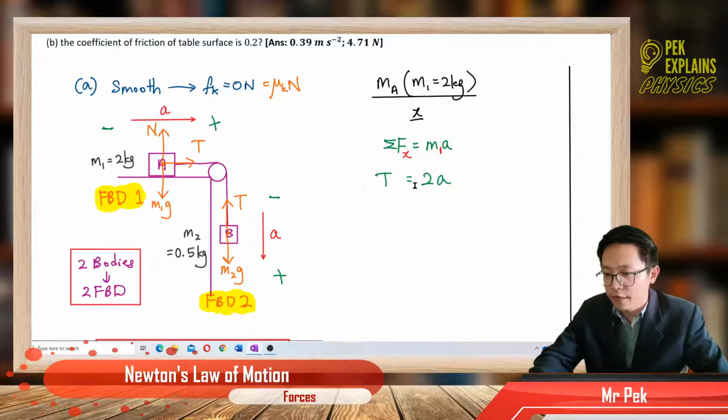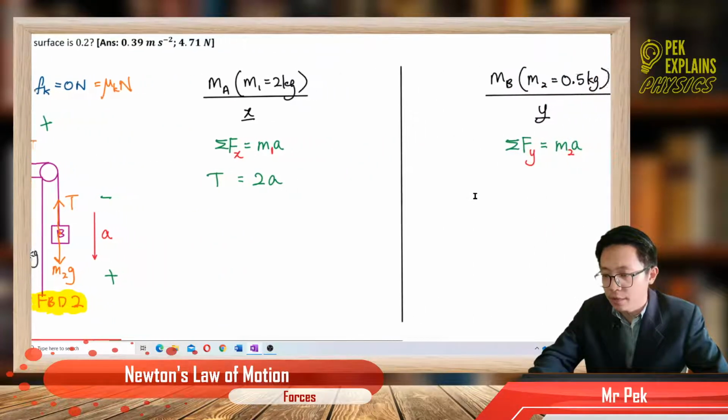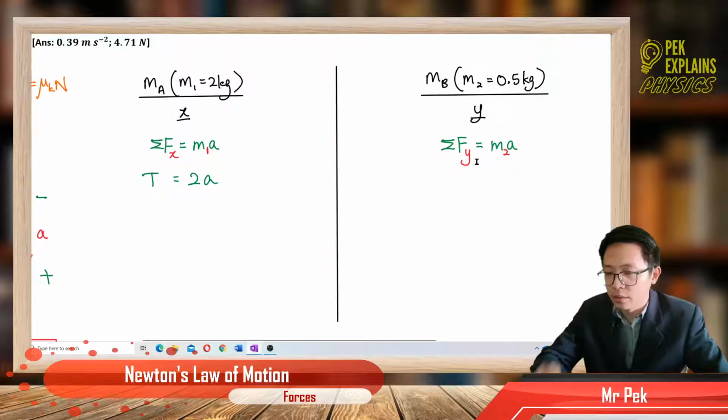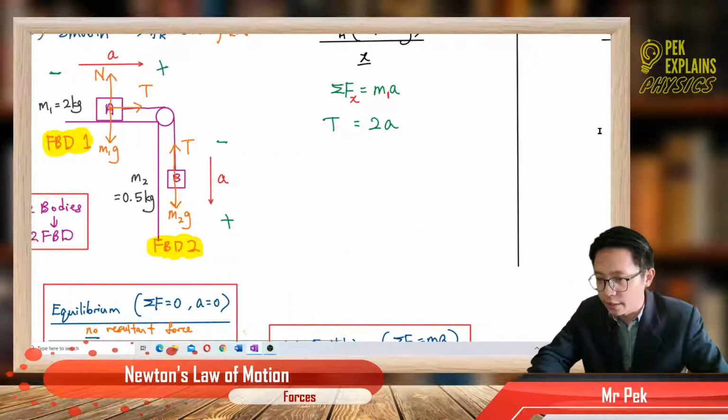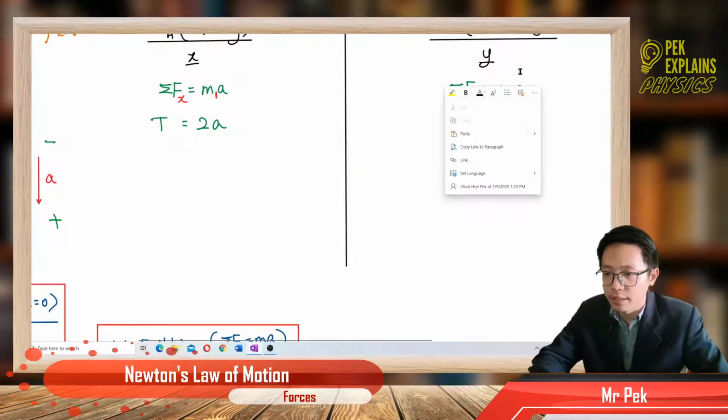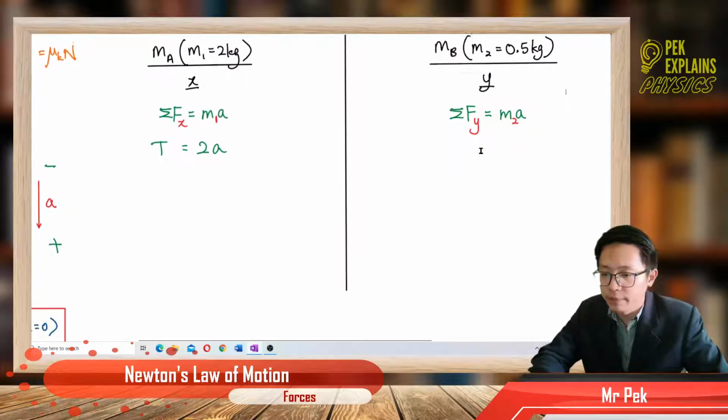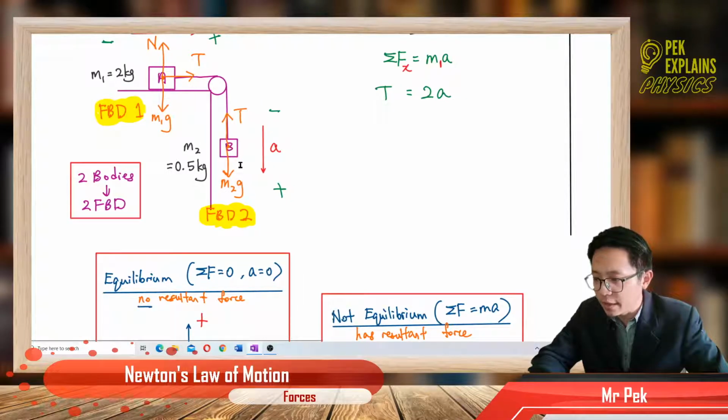Right now we cannot find tension or acceleration, so we need help. We need the mass B. So mass B, it has Y component. This is Y component. Mass B, we have m2g is positive because it follows acceleration.